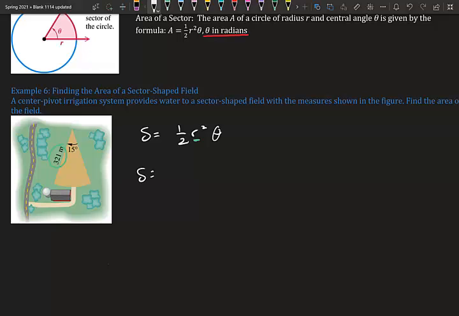So we have A equals 1/2 times 321 squared, times theta. So theta is 15 degrees, but remember, we're not allowed to use degrees. We have to convert this to radians. So we have theta is 15 degrees over 1 times pi over 180. And we get pi over 12 radians.